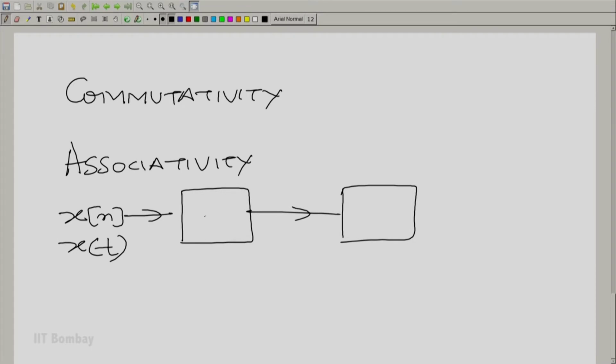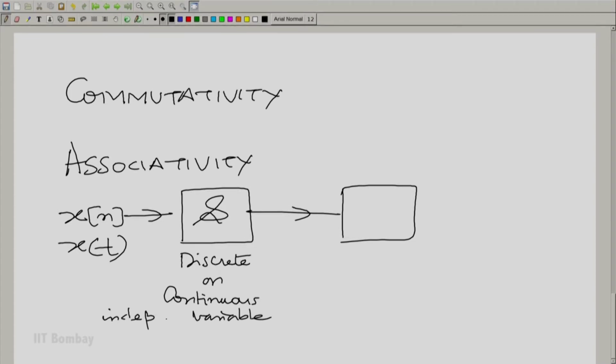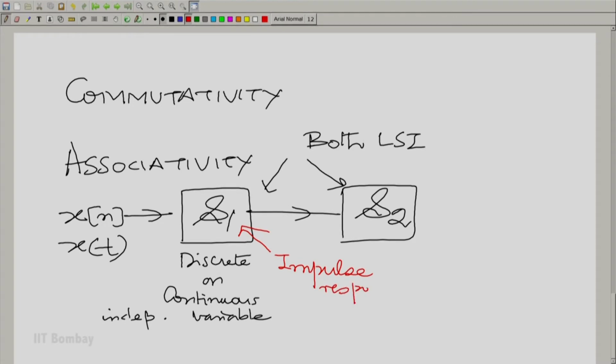So, this is S. S could be either a discrete system or a continuous variable system. Now, we will call this S1 and we will call the second system S2, and both these systems are linear and shift invariant. The impulse response of S1 is H1 and S2 is H2.